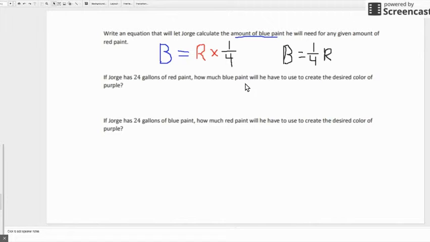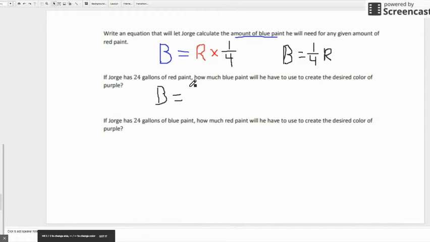Here it says, if George has 24 gallons of red paint, how many blue paints will he have to use to create the described color of purple? So once again, we're given how much red paint. Here's the equation we're going to use.